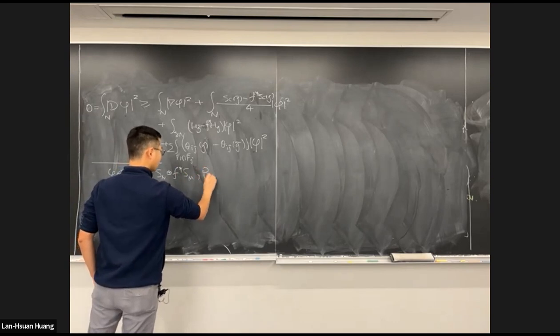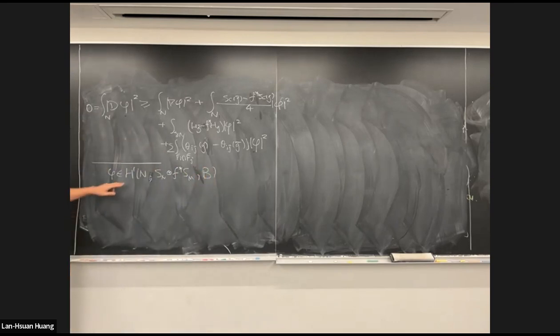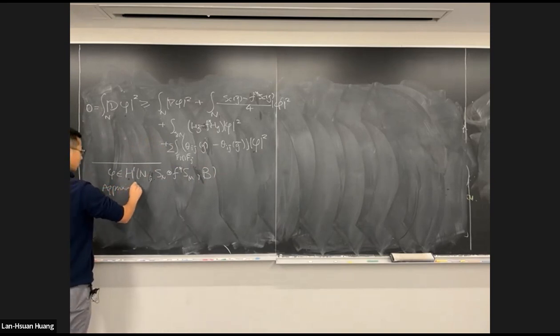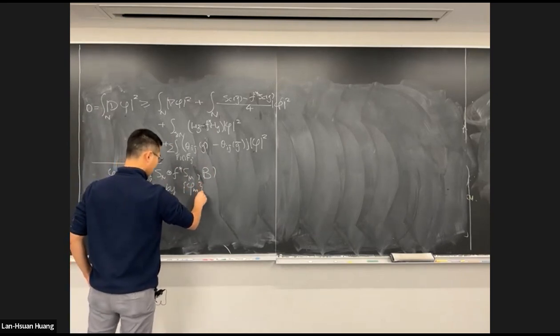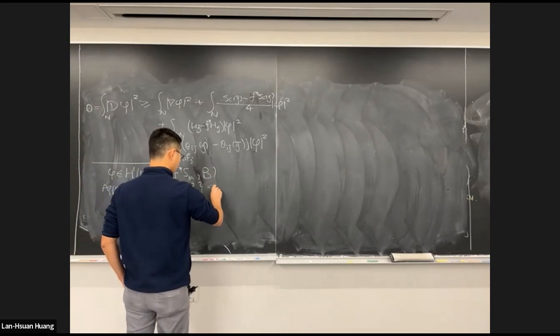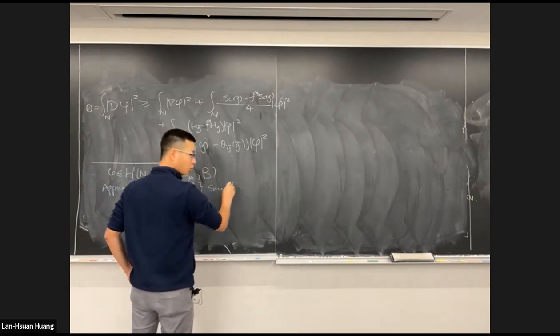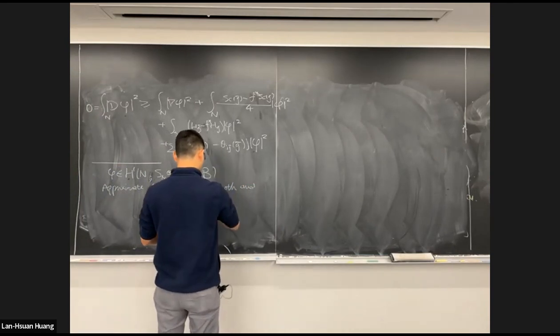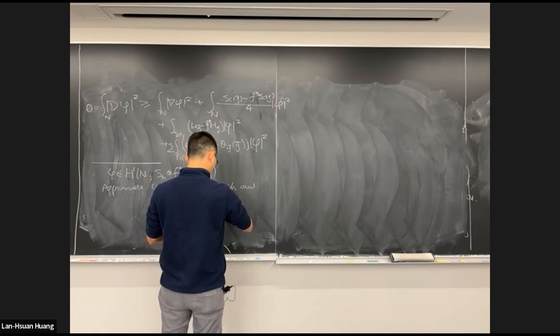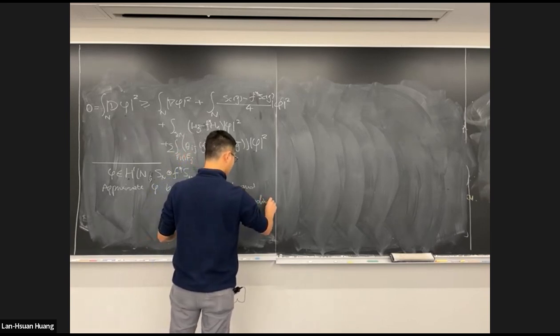With the boundary condition. And you know in H1, you can approximate by things that are smooth and vanish near codimension 2 things.